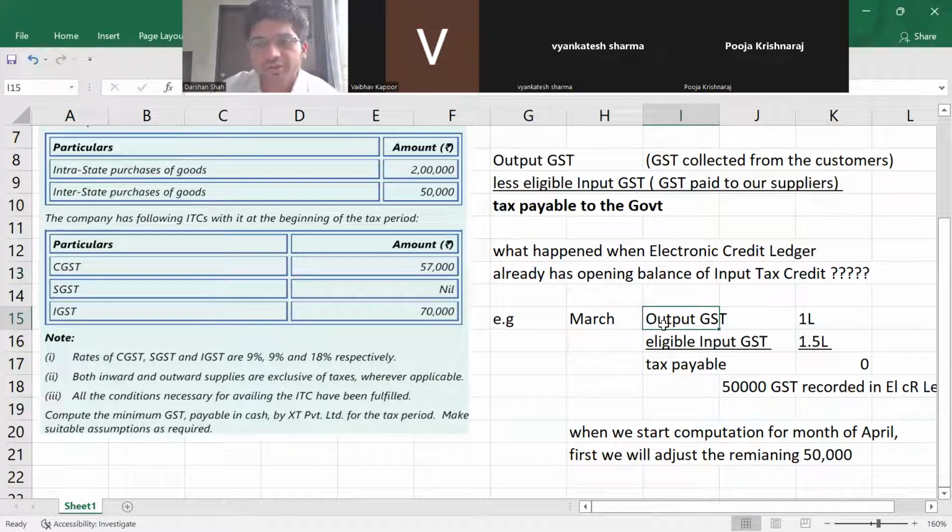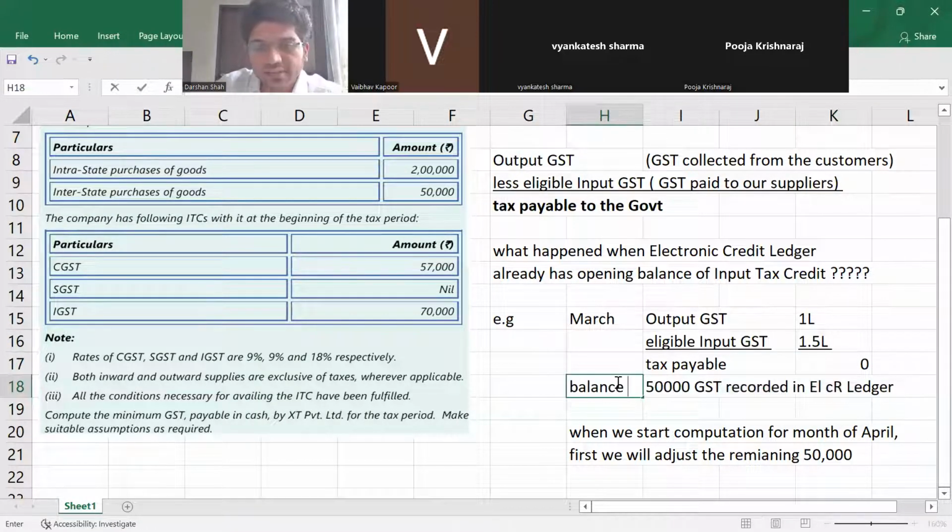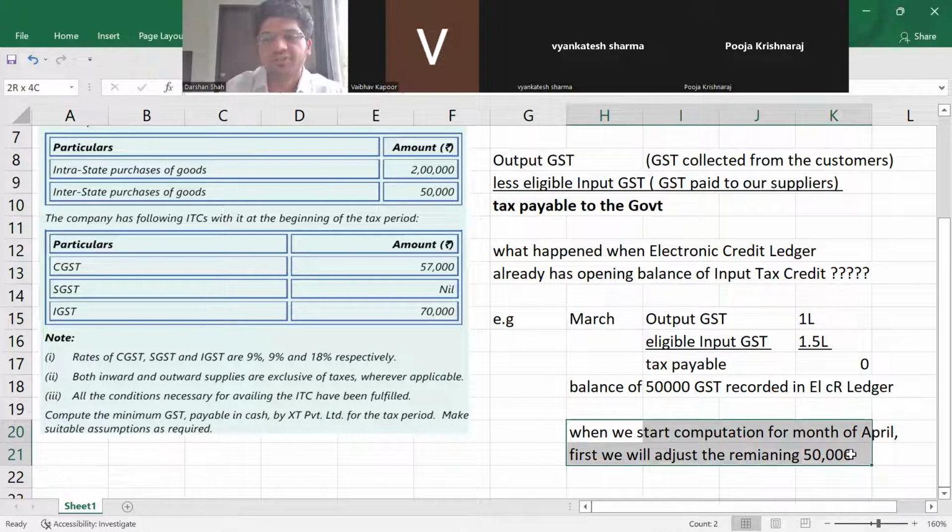But there can also be this situation. GST collected was only 1 lakh and eligible input GST that I have paid is 1.5 lakhs. So tax payable will be 0, and this balance of 50,000 GST is recorded in the electronic credit ledger. Right? So now when I start my April month, first I'll adjust this remaining 50,000.